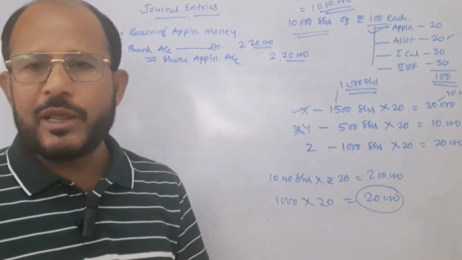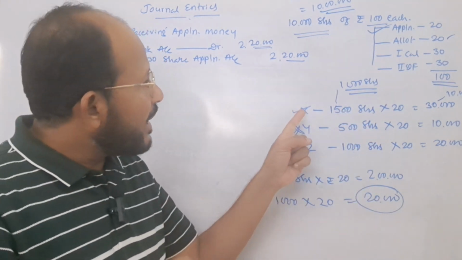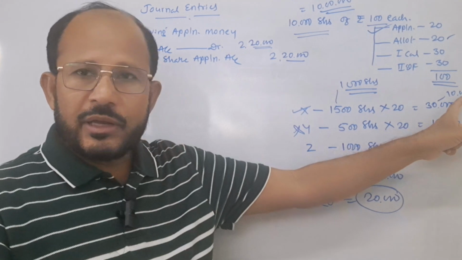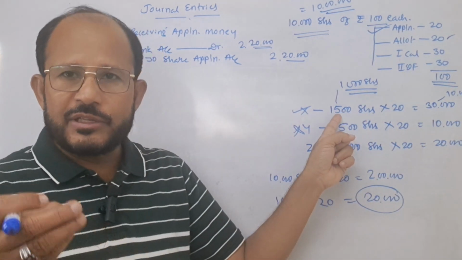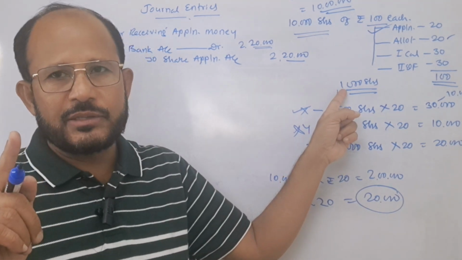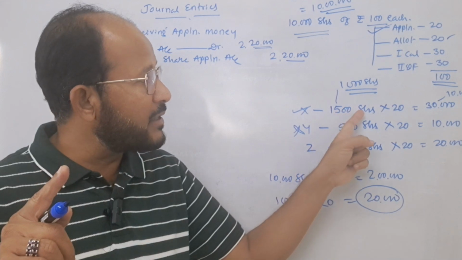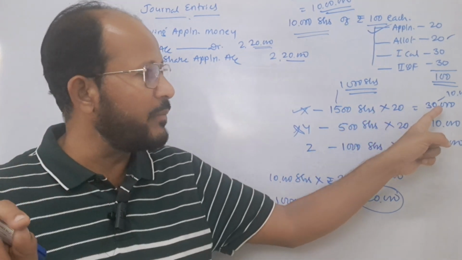From whom has the company collected this? See in this example, Mr. X has paid rupees 10,000 extra, because he was planning to purchase 1,500 shares, but the company allotted only 1,000 shares. For 1,500 shares, as per the company procedure, he had sent rupees 20 as application money.